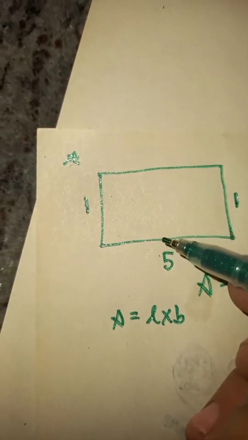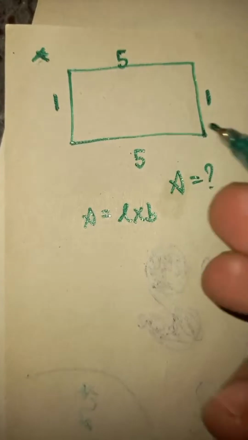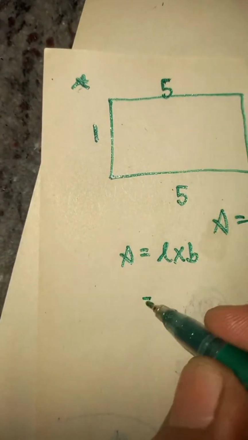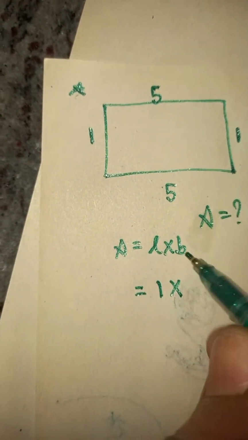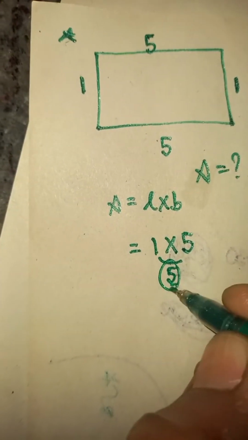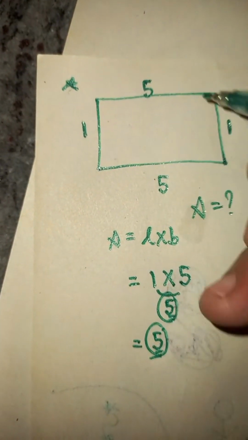The other side has the same length on the opposite side too. Now, length times breadth means this is the length, which is 1 unit, times the breadth, which is 5 units. 1 times 5 becomes 5. So 5 square units is the area of this rectangle.